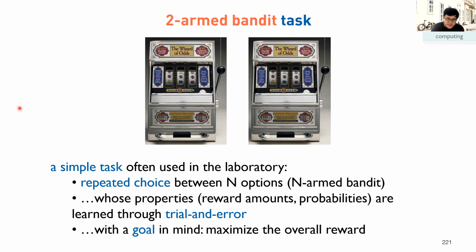And then let's say if you see the 3 colors or 3 icons in a row, then you don't get money. Instead, you get a shock. So then do you still want to play with the machine with higher probability to give a shock? No, right? You might want to switch to the other because you want to avoid shocks. So the goal is different.